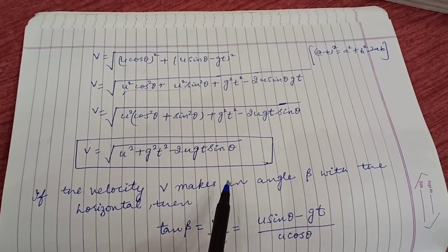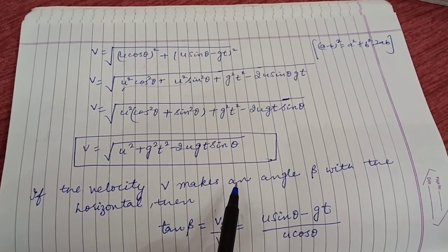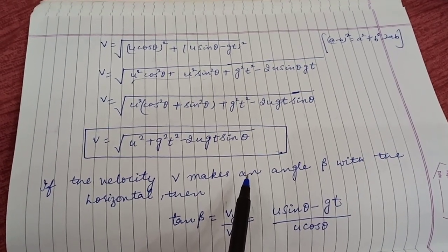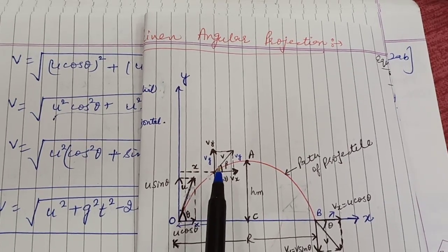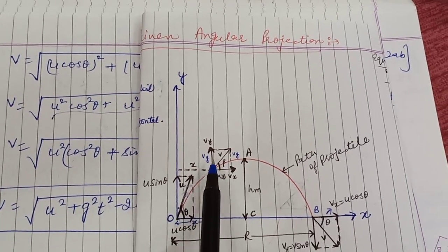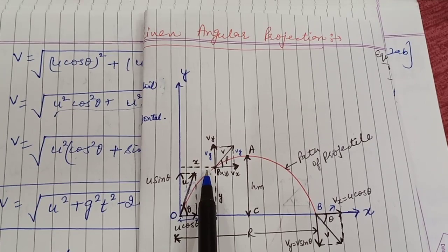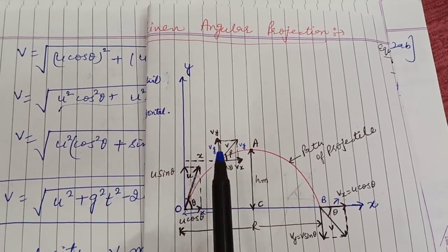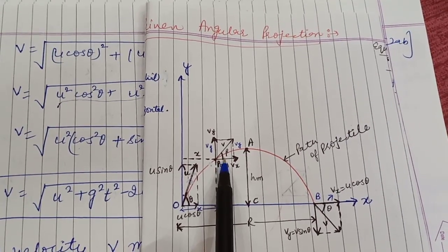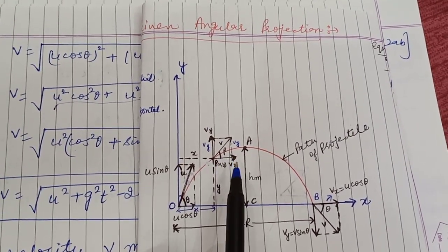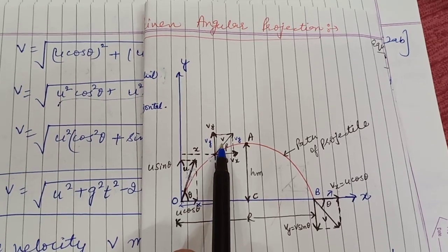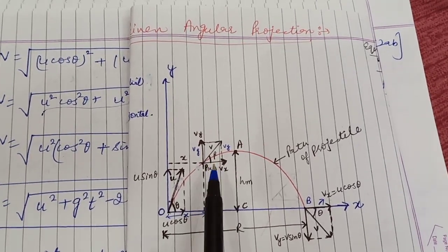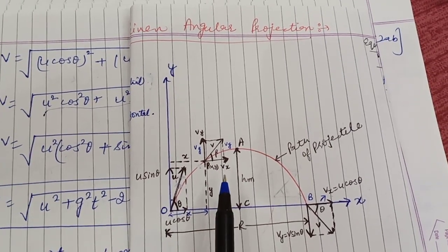Now we want to find out the direction of the resultant velocity at point P. So let us suppose this resultant velocity makes an angle beta with the horizontal direction. The direction of this resultant velocity can be found out if we know the value of tan beta.